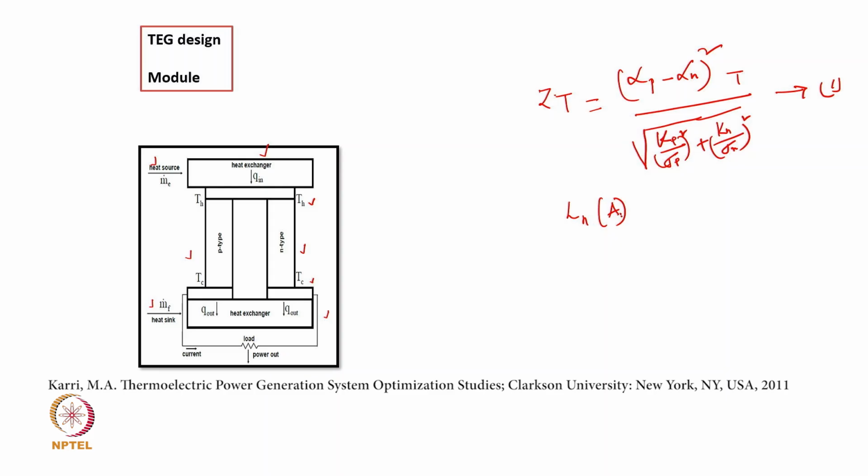So, this is the length of the TE leg, say for the N type, and this is the area, say for the N type, and similarly we have length LP and area AP for the P type.